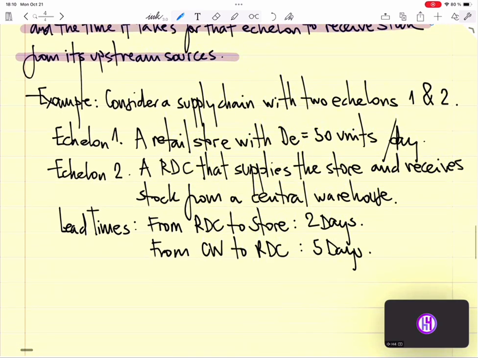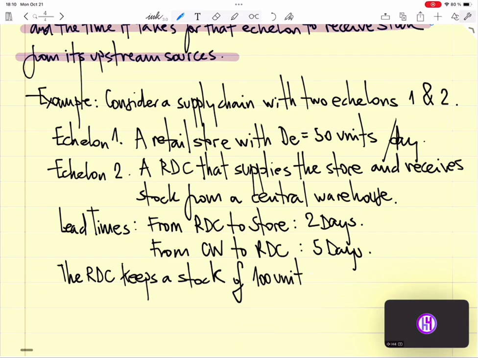The RDC keeps a stock of 100 units, and the store keeps 50 units.